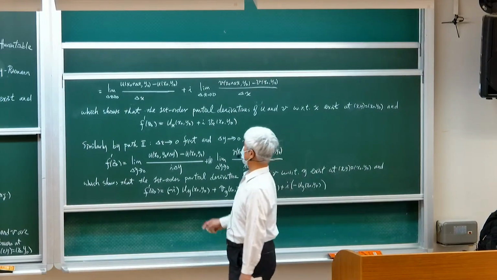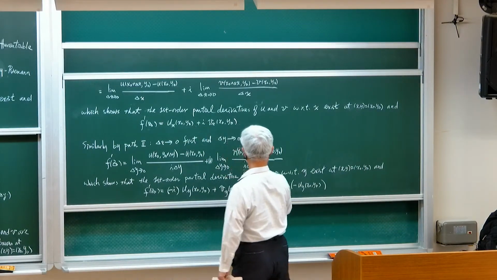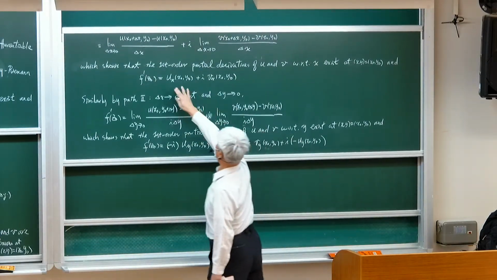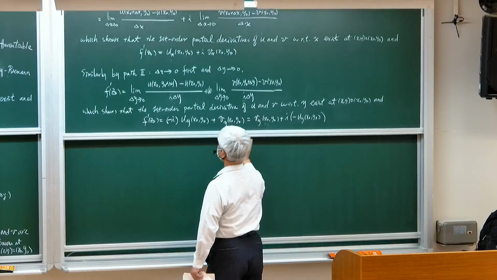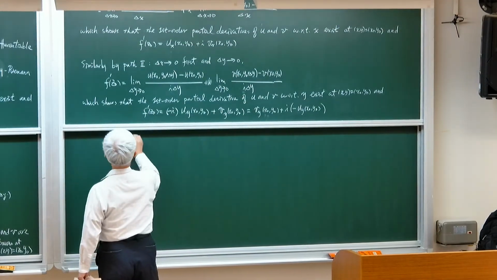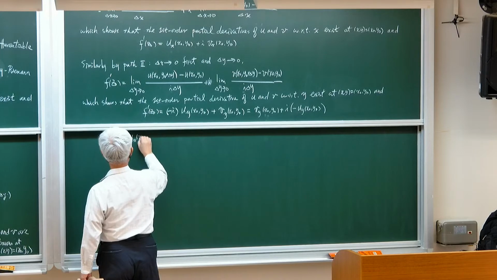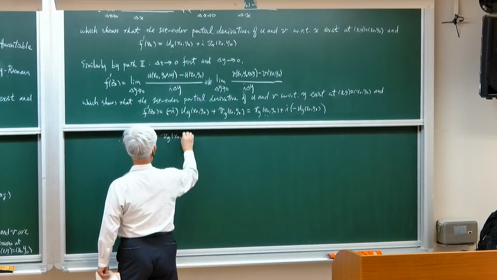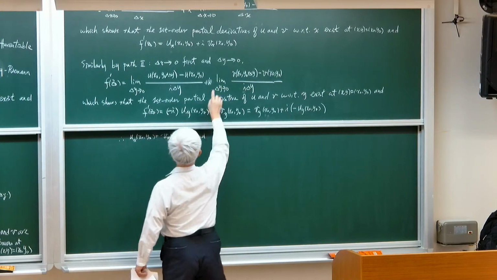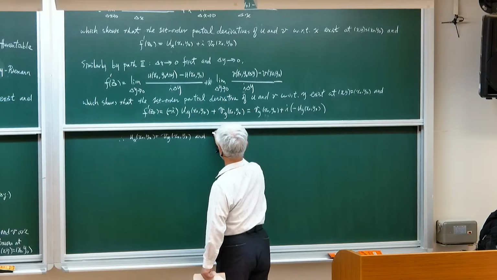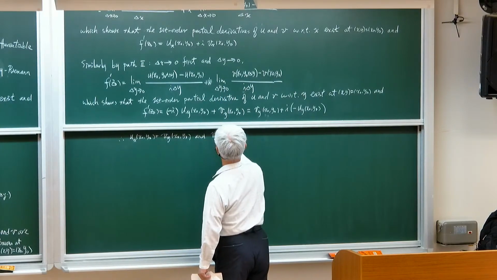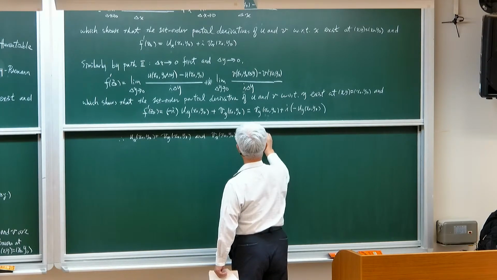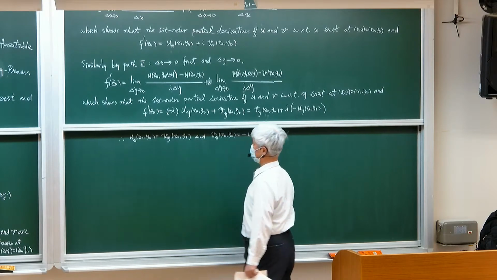Okay, and compare these two. So we find that the real part will be equal, so that u_x is equal to v_y, and the imaginary part v_x at x0, y0 is equal to minus u_y at x0, y0.